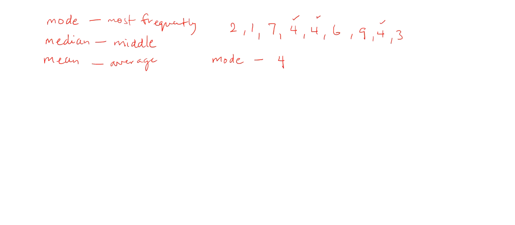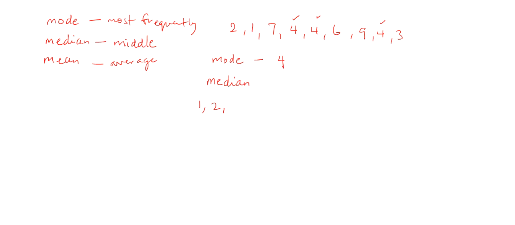So the median now. This is what you have to remember: in order to determine the median, it is the middle term. But what some students forget to do is arrange all these numbers in ascending or descending order. When we say ascending order, I'm going to start with the smallest number, which is 1. What comes next?